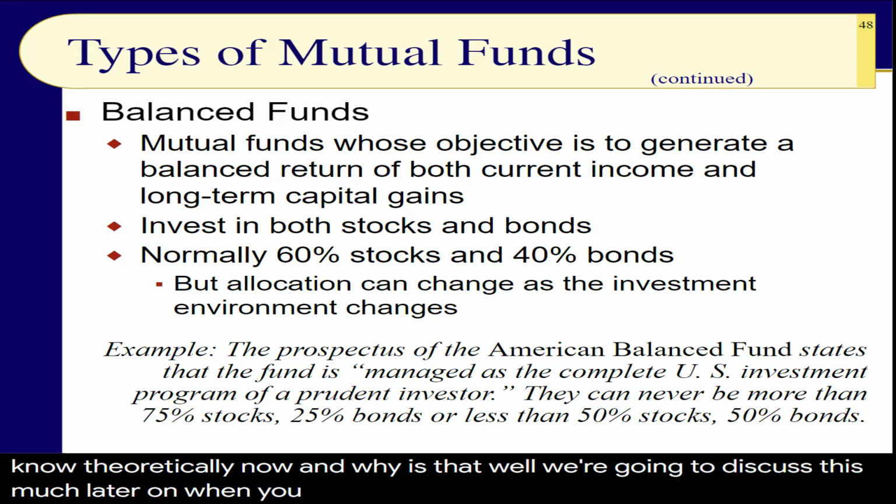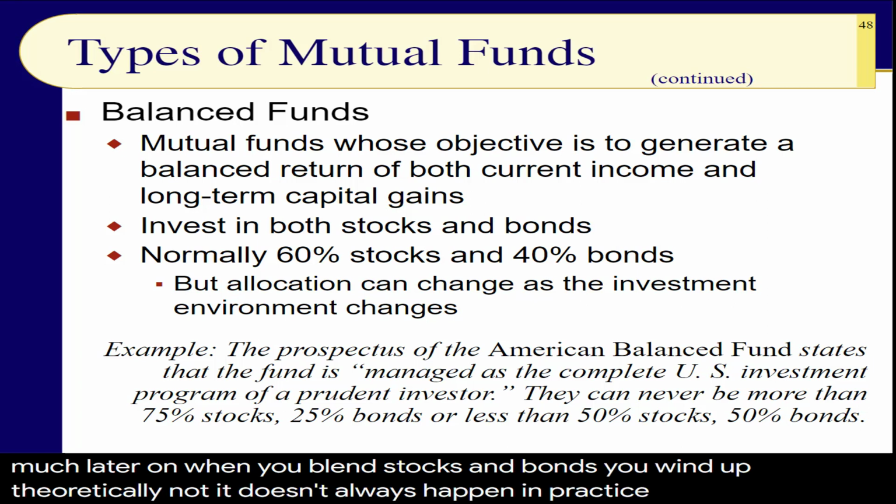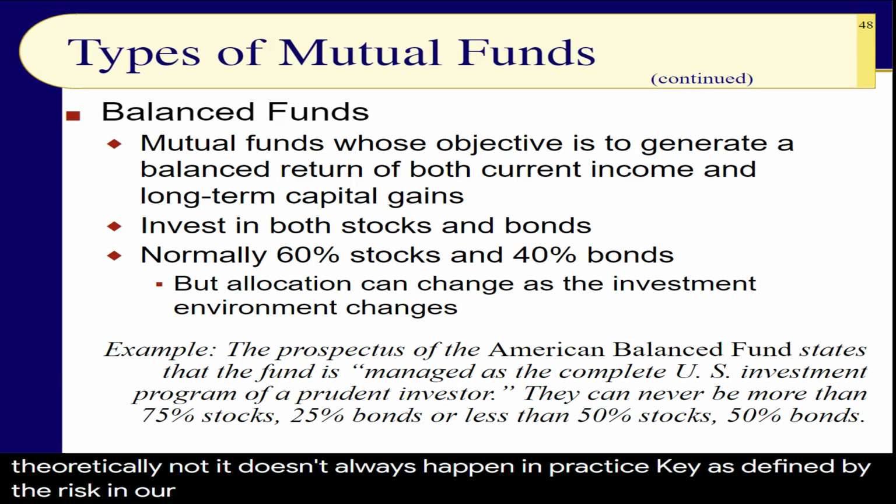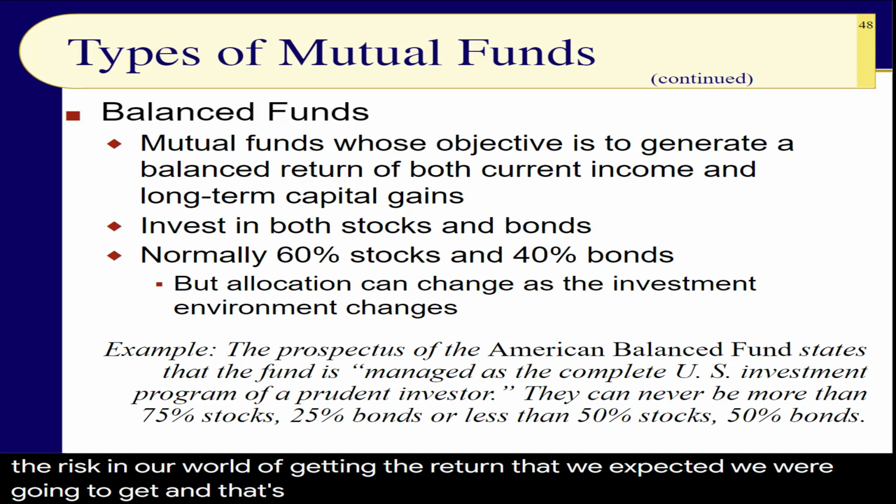When you blend stocks and bonds, you wind up, theoretically, now it doesn't always happen in practice, with an investment that is less risky, as defined by the risk in our world of getting the return that we expected we were going to get. And that's because stocks and bonds often go in opposite directions.